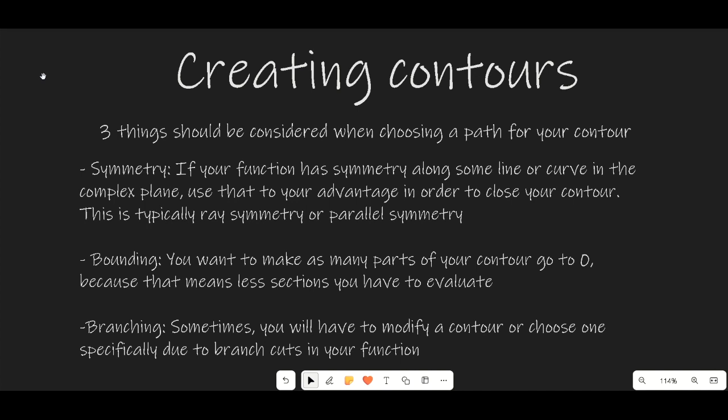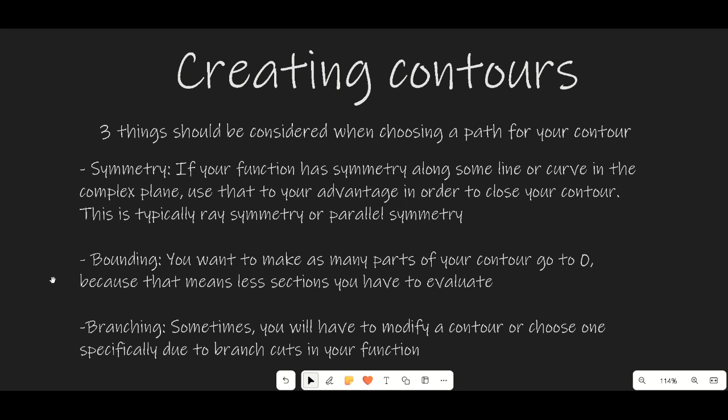So, for example, if your function acts very similarly on the line running from x equals 0 to positive infinity, and it looks very similar to that on the line from x equals 0 to x equals i infinity, then you should probably be using that symmetry to your advantage in order to close your contour, because, of course, we want to make evaluating a contour integral as easy as possible, and so that means we need to make sure that as many parts of our integral as possible are going to be easy to either evaluate or to turn into a form that's already evaluable or prove that they go to 0.